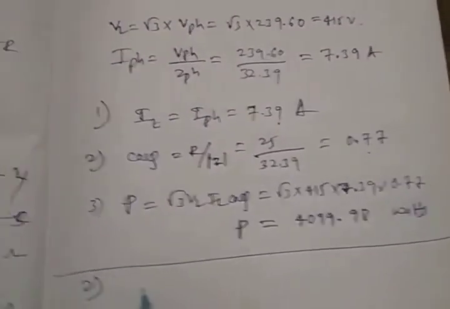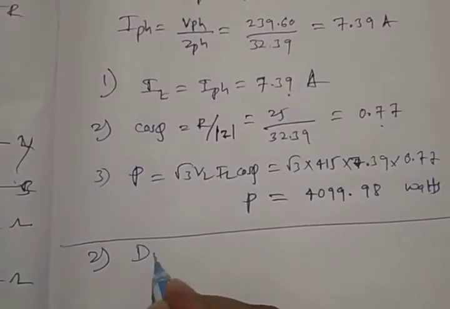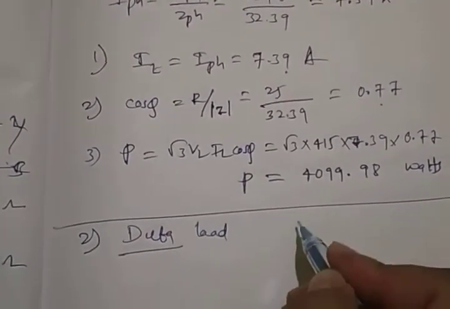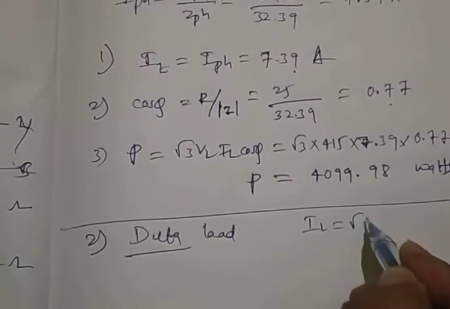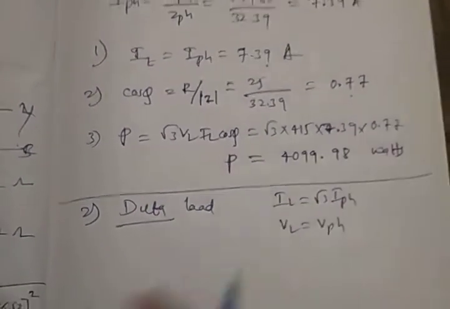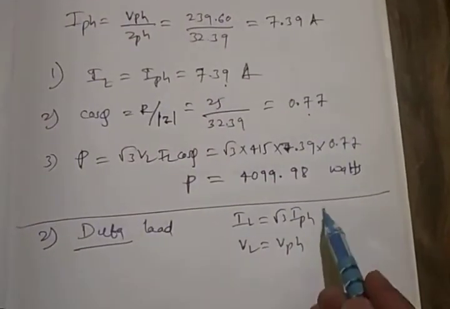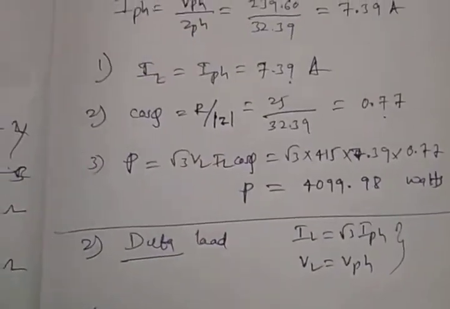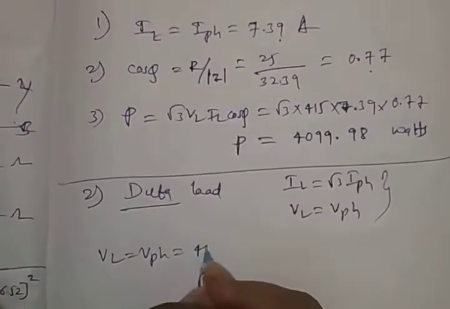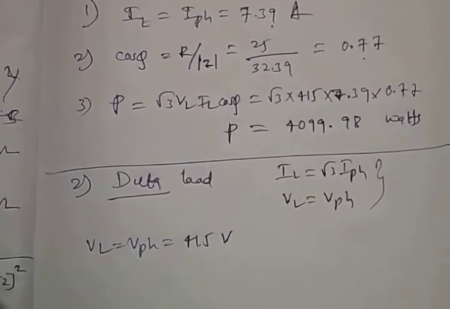Now take the second case, delta. For the delta load, the conditions are IL is equal to root 3 times IPH, and VL is equal to VPH. Same procedure, only the conditions are reversed. So VL equals VPH, which is 415 volt for the delta case.